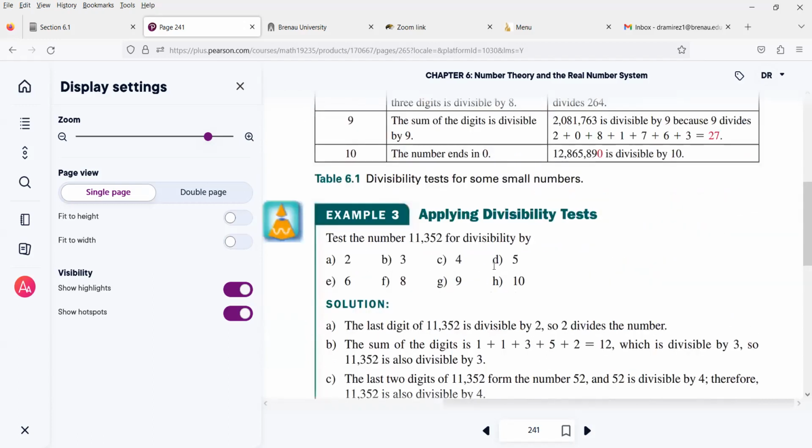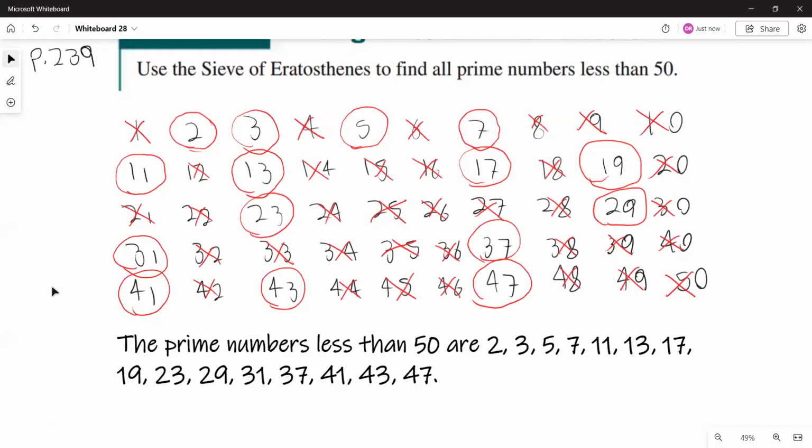Okay, so I'm going to do one example similar to number 3. We're going to use the divisibility tests.